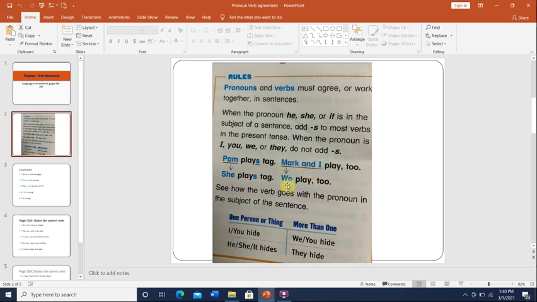We're plural, so we use the pronoun we. Do we add an s to the verb when the subject is plural? No, we leave the verb as it is. So again, when the sentence begins with he, she, or it, we add an s to the verb. When the sentence begins with you, I, we, or they, we leave the verb as it is.